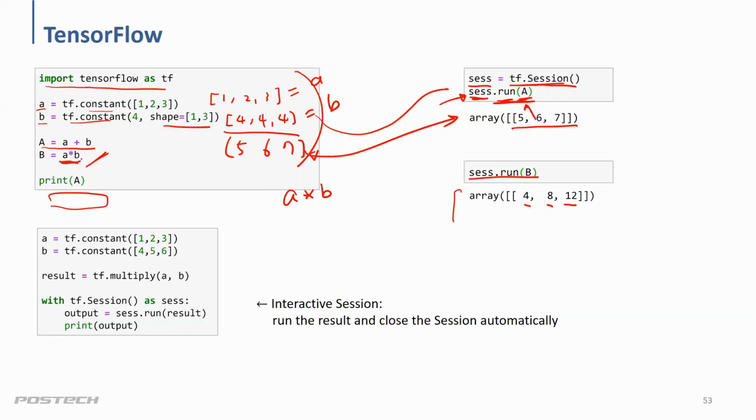That's what multiplication means in TensorFlow. Okay, don't be confused. It's different from matrix and vector multiplication. So it's multiplication or product, element-wise.